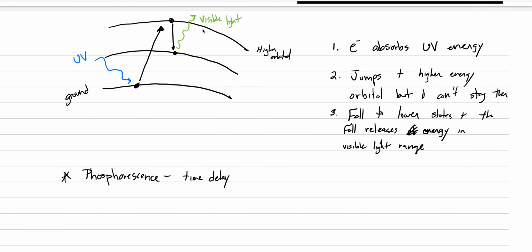You only see the color when the UV energy is hitting. But when something's phosphorescent, the process of going from the higher orbital to the lower orbital actually takes seconds to minutes. So your object will glow for a period of time.